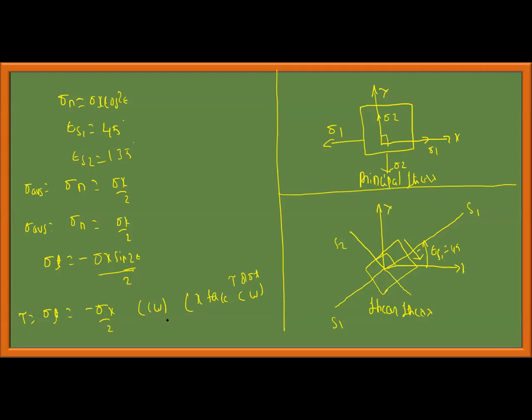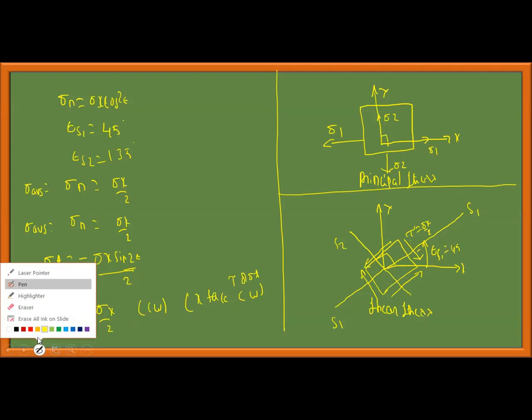This is my sigma t, which you can write as tau or sigma t, one and the same, equal to sigma x by 2. When you write it like this, on the opposite face it is like this. On the other face, it is like this. Okay, this is about this one shear stress.